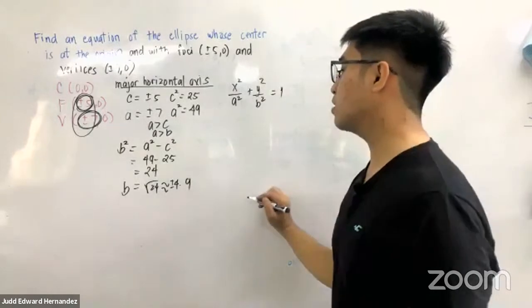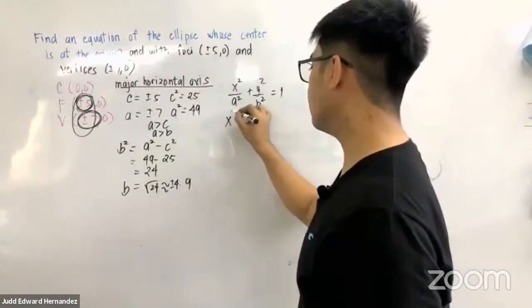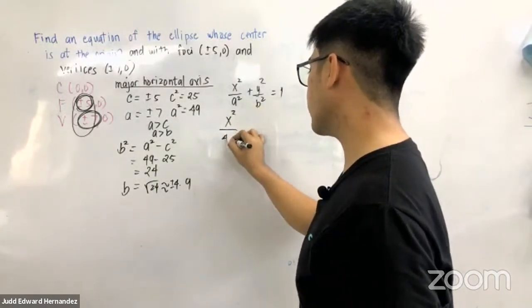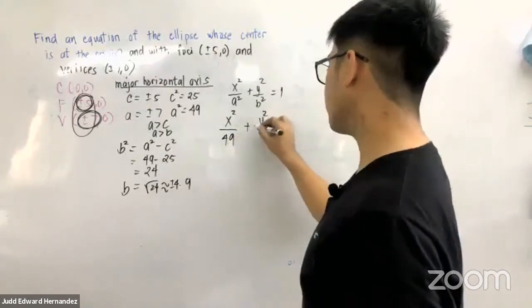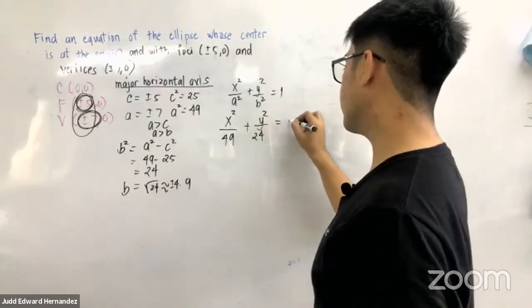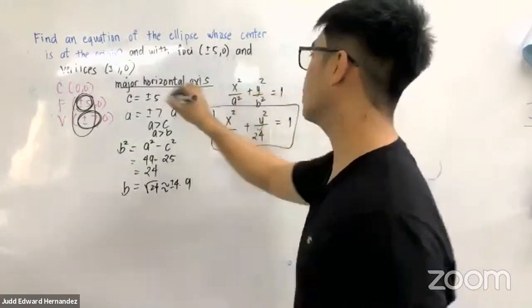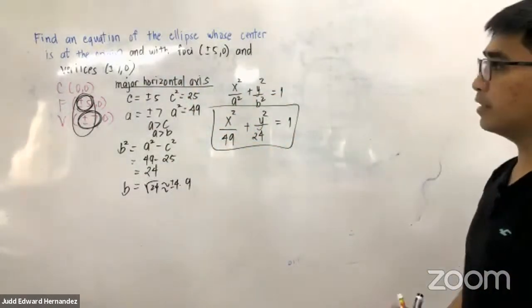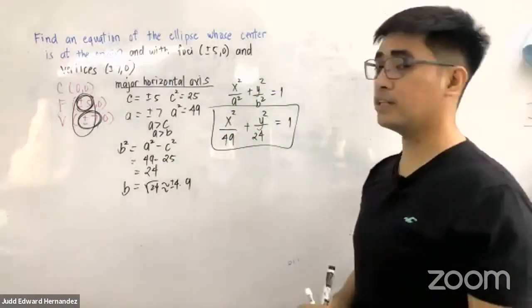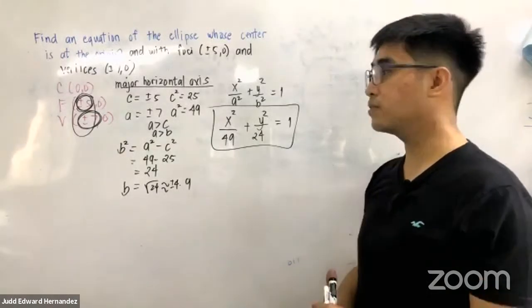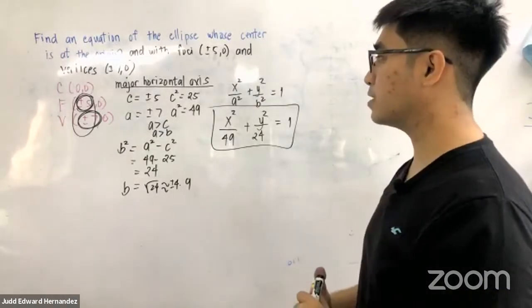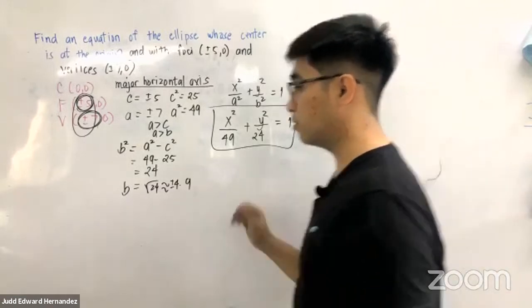We're now ready to substitute all the values. Therefore, this becomes x squared over 49 plus y squared over 24 is equal to 1. And this is the equation of the ellipse with center at the origin and with foci located at plus minus 5, 0, and vertices located at plus minus 7, 0.